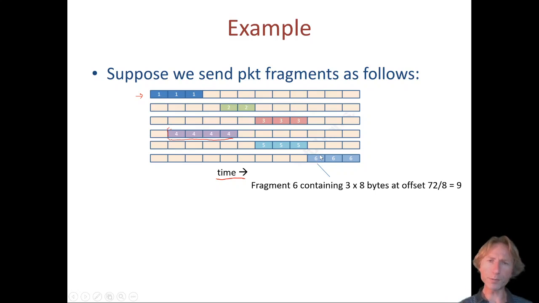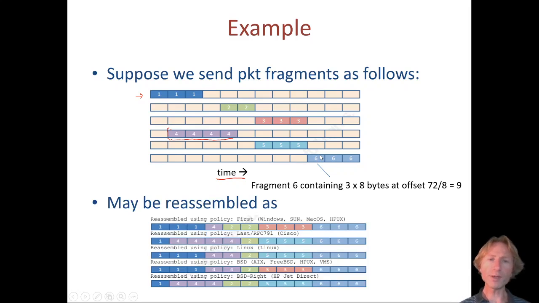How would this be received? It very much depends on your network stack, and the possibilities are quite numerous. It may be reassembled as follows: first we take the first fragment, and we ignore that the fragment 4 overlaps with it.